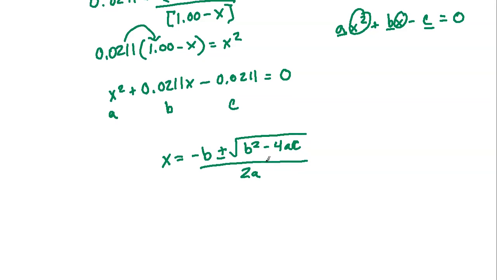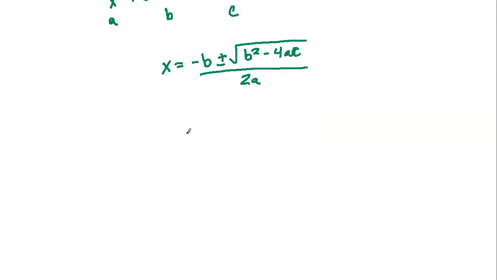All right, so now comes the more complicated math. Now what we're going to be doing is filling in the values as I go along here. So I'm not going to keep scrolling up, back and forth, but keep in mind we already labeled a, b, and c. So what I have here is negative b, and if it's negative b, it would be negative 0.0211, because b by itself is just positive 0.0211, plus or minus the square root of b squared.